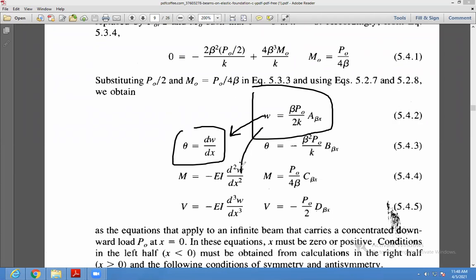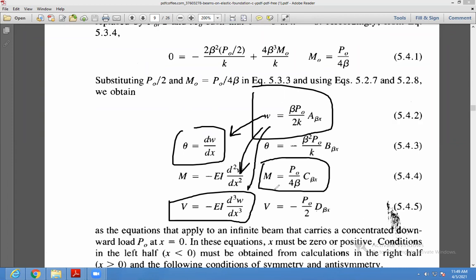Now the double derivative of W gives the moment, P naught by 4 beta C beta x, and V, the shear force, is the triple derivative, which is minus P naught by 2 D beta x. So these are the values of your deflection, slope, moment, and shear for an infinite beam with concentrated load.